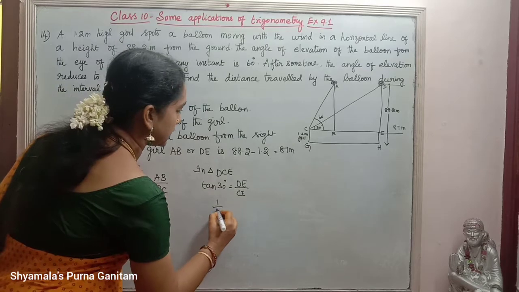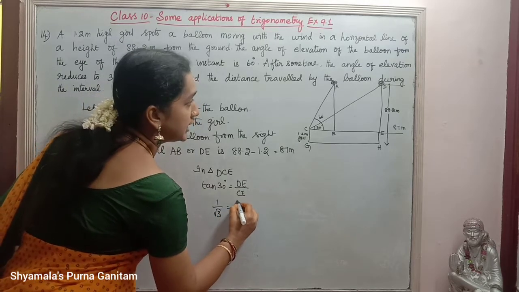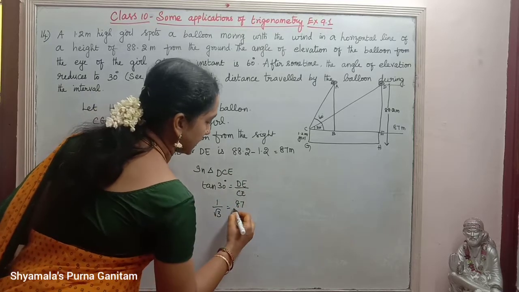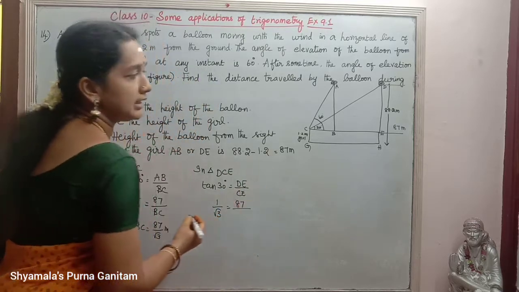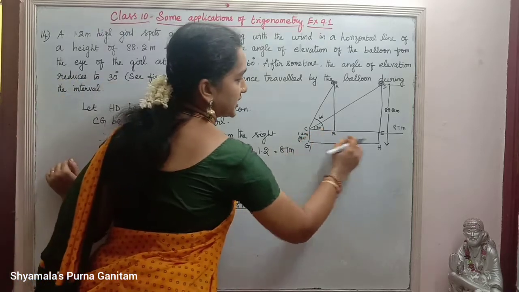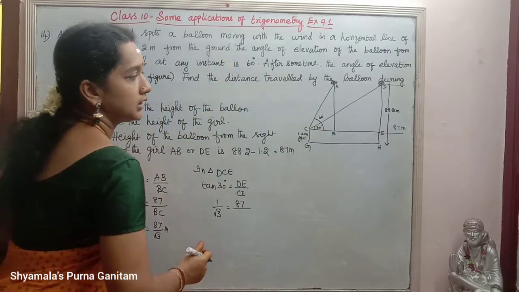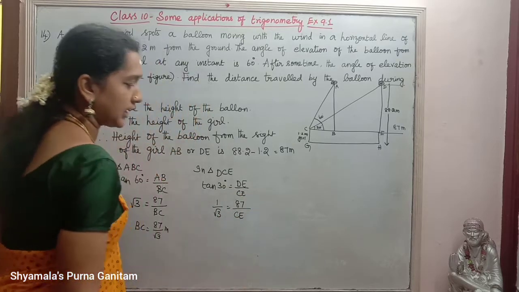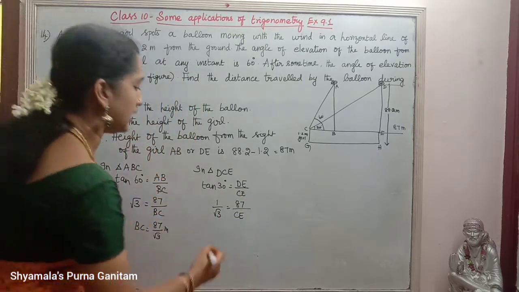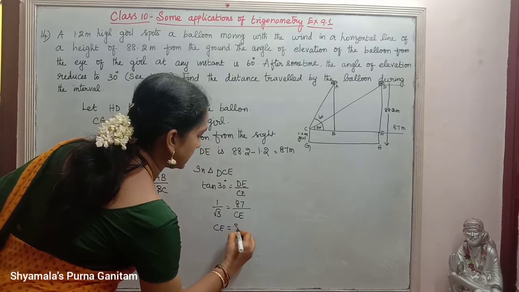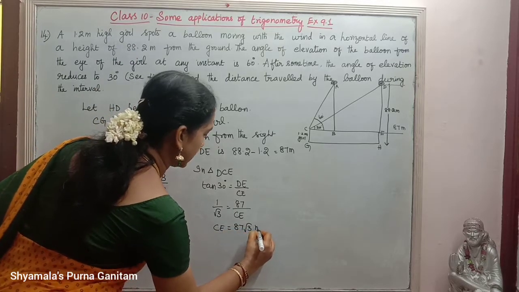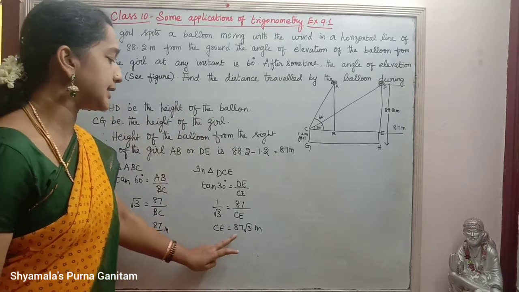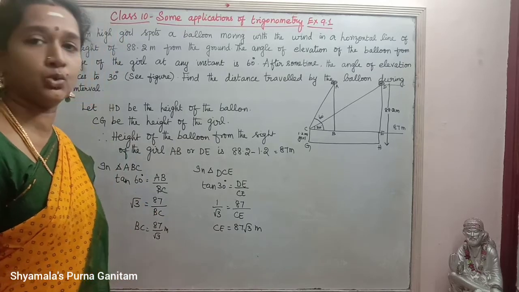So tan 30, which is 1 by root 3, is equal to DE, which we got as 87 meter, by CE. So CE is equal to 87 root 3 meter, and BC is 87 by root 3 meter.